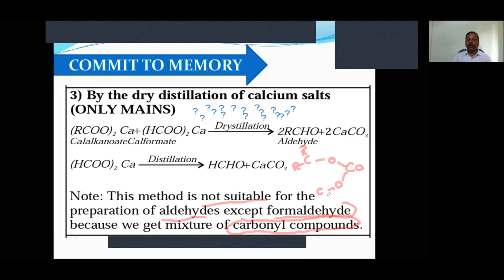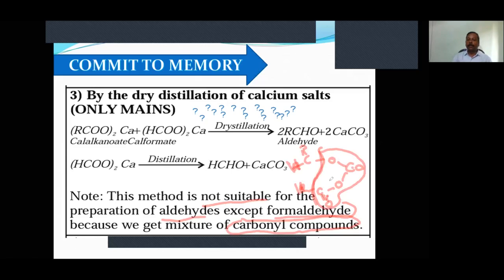This is the structure of the carboxylic acid salt. Now, when it is dry distilled, see how to cut it down. Here one should be formaldehyde. So if I cut it down like this, CaCO3.